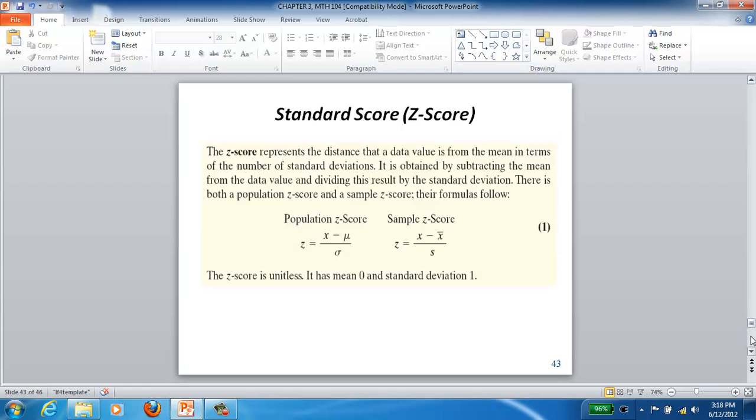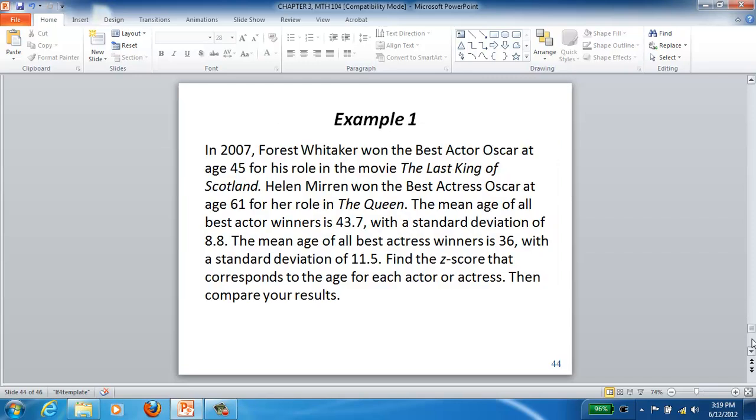Now the next step is to calculate the z-score. The z-score shows how many standard deviations an observation is far from the mean, and we use the formula x minus x bar over the standard deviation. X is the value of a specific observation, x bar is the sample mean, s is the standard deviation.